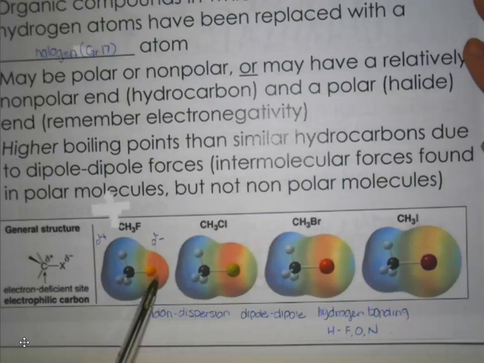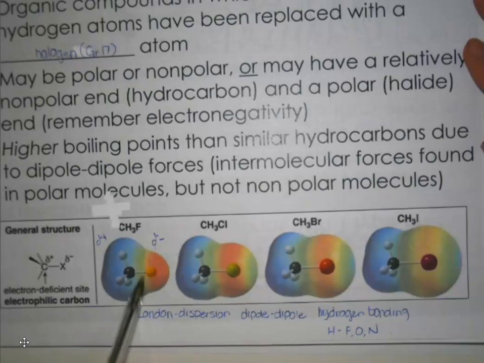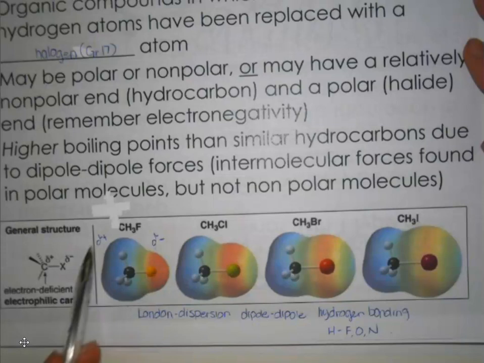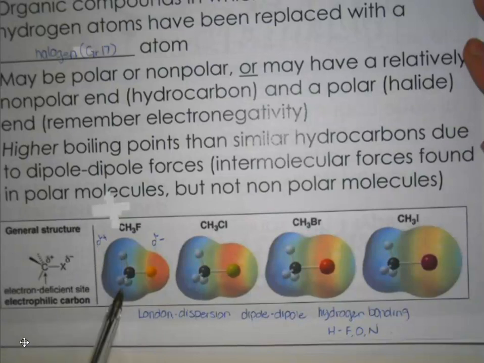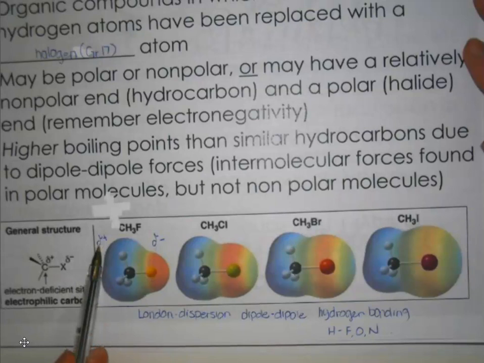And so basically what we end up seeing is because fluorine can pull those electrons towards itself and we see that high density around it, remember that means we would represent this molecule as having a slightly negative end where the fluorine has pulled the electrons over more in that direction, and then a slightly positive end over here at the hydrocarbon end where the electrons from this part of the compound have been pulled away, leaving a slightly positive charge.